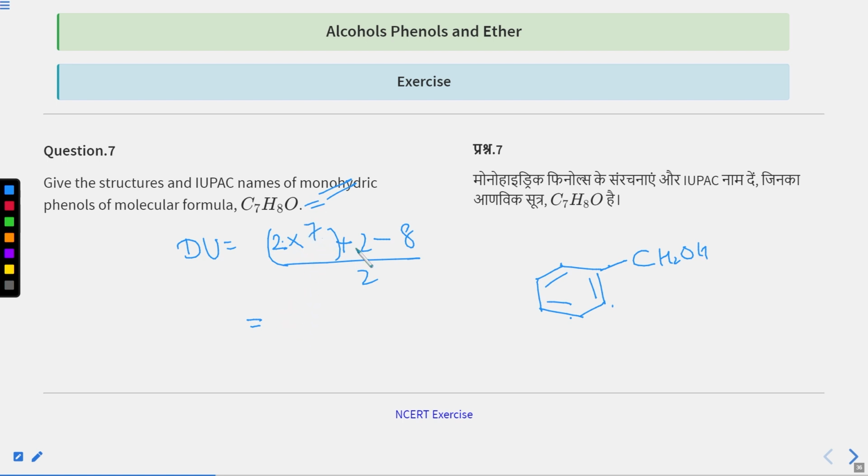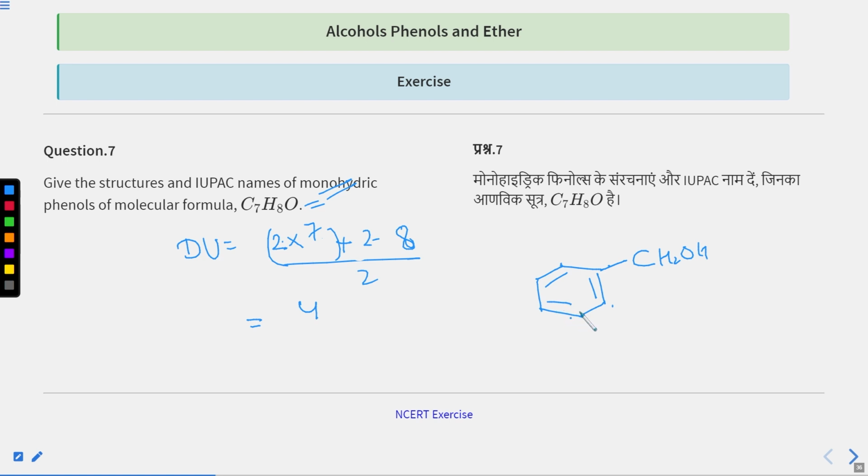Now it is good. 14 plus 2, 16. 16 minus 8, 8. 8 by 2 is 4. So yes, now it is correct. So 1 ring and 3 double bonds. So this is the structure of the monohydric alcohol having molecular formula C7H8O.